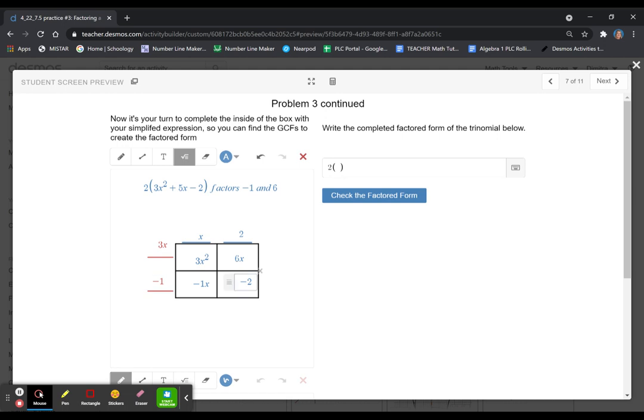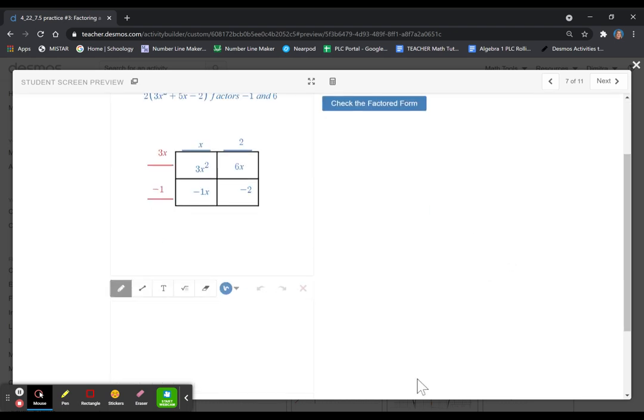And 2 times negative 1 is negative 2. All right, so let's put it in here and let's see if we're right. 3x minus 1 and x plus 2. Check the factored form. Nice job. All right. I hope this helps and have a good day.